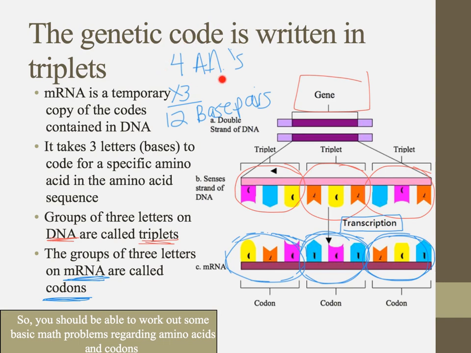So if something has 4 amino acids in its chain, it had to have 12 base pair letters in that original DNA sequence. I can also work the other way around. If I have something that took 300 base pairs to manufacture, that must mean that I could have made 100 amino acids, because 3 base pairs for each amino acid.